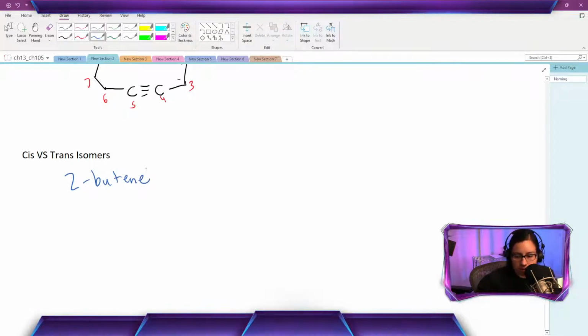So what would this look like? 2-butene. This is where your molecule kits come in handy.